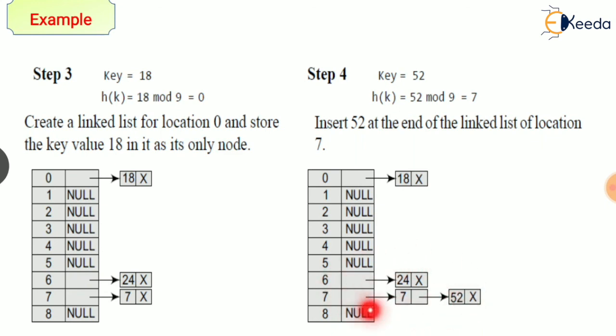Location 7 is already used from step number 1, so we create a pointer. In the next part of the first node we have the address of this data, so by fetching that address, we store the next element. So there is no collision. It stores at a different address, and in a similar manner we are creating a linked list.